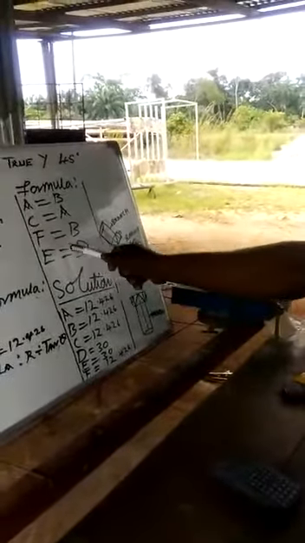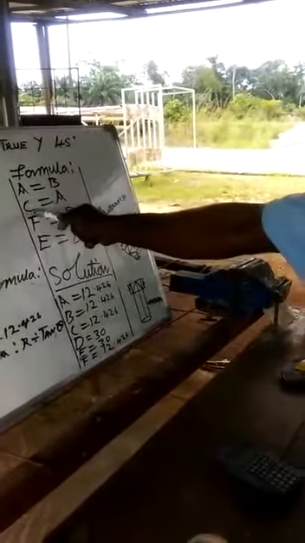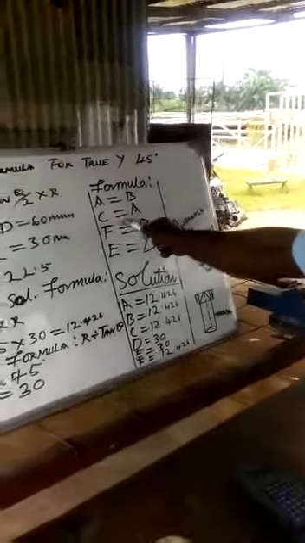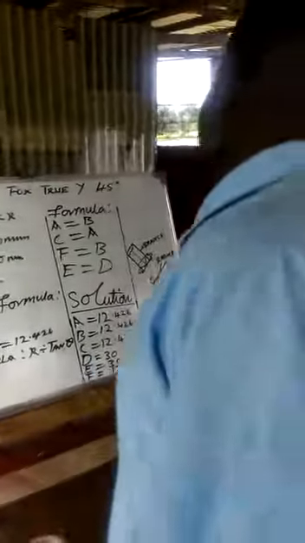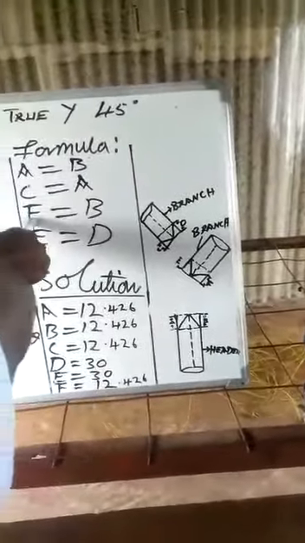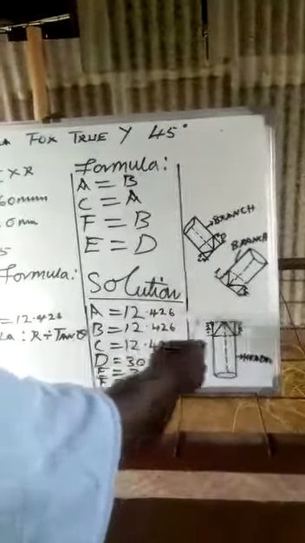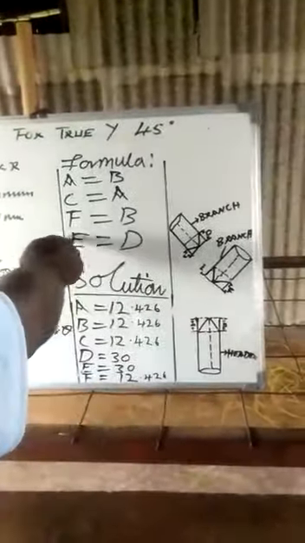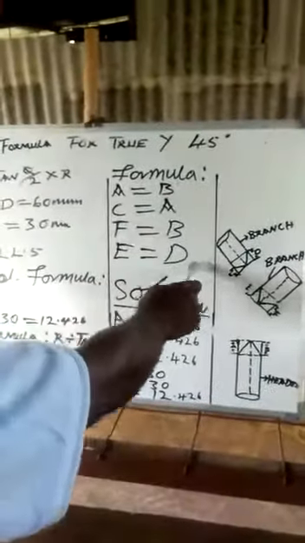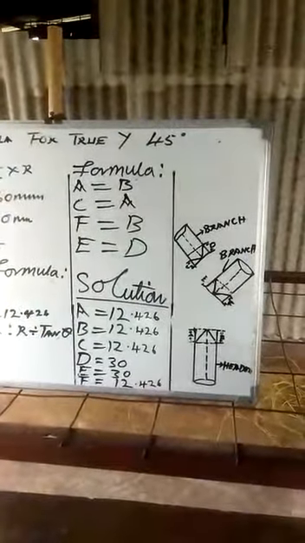Then C is equal to A, so what you have as your A is your C. Then F is equal to B, so what you have as your F is your B. Then E is equal to D, so what you have as your E is your D in the branch.